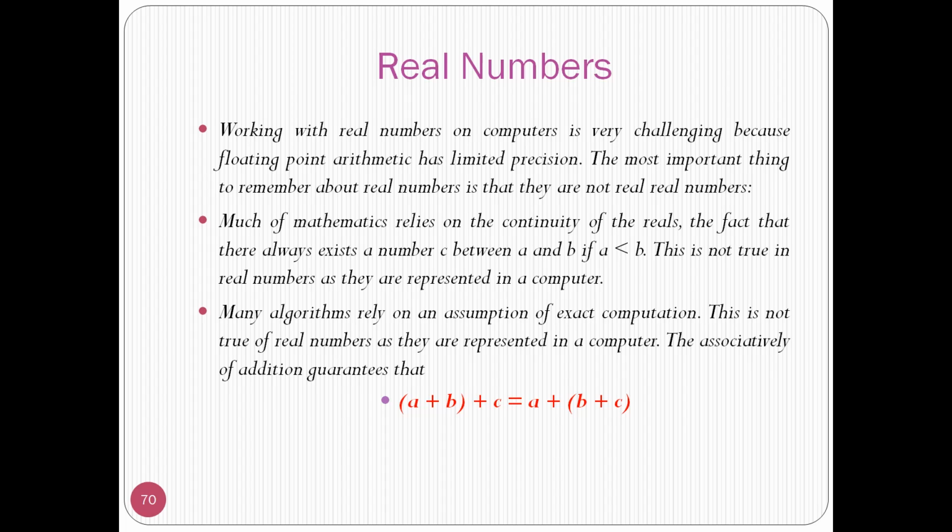Associativity is about the exact representation or exact computation of the values. From this equation you might consider that the value you get for the right hand and the left hand may vary according to the values you provide to the variables a, b, c.